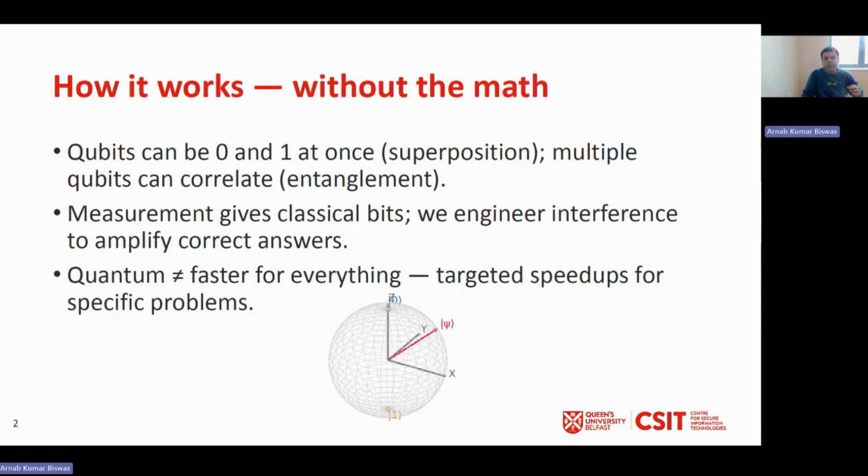But as soon as we measure, that reduces all the possibilities, and we have a single particular observation, a single state we can measure, and all other probabilities go to zero. So that will give us something called a classical bit. That is a fixed bit. When you observe, it gives a classical bit.